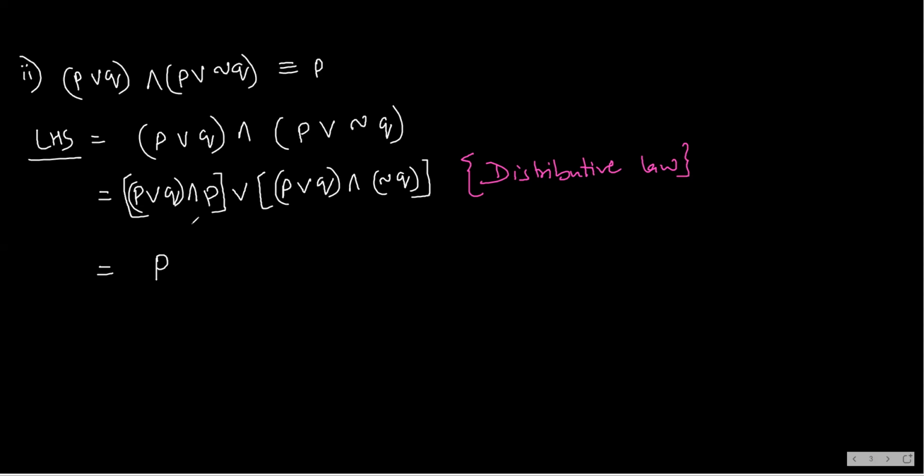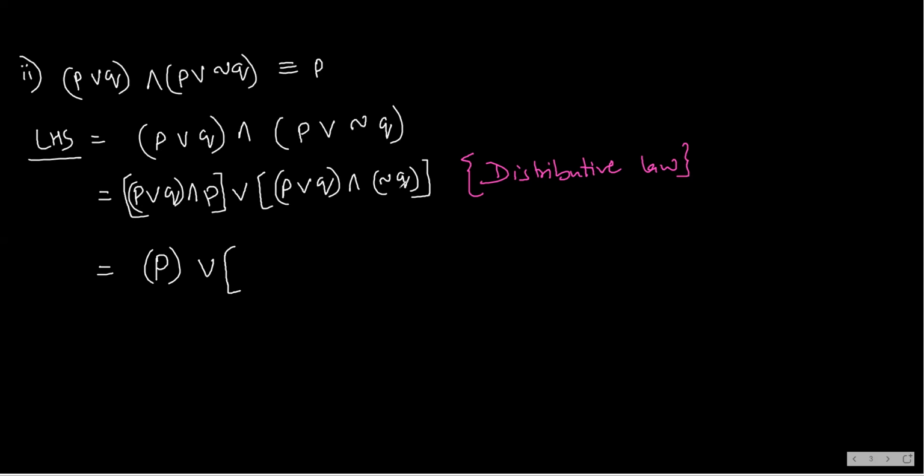I could have done it the way I was doing it, but then suddenly I realized that I can use the absorption law, so I went for that. So this whole thing is simply P. Or, but here nothing can be done.